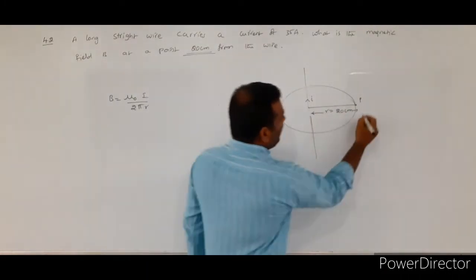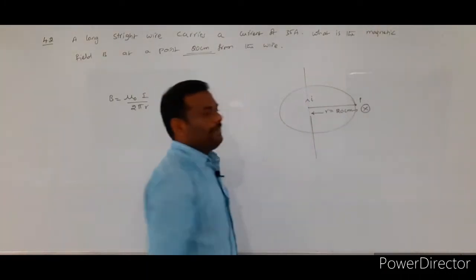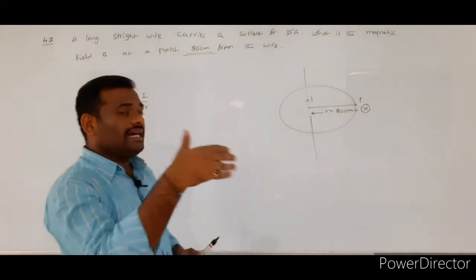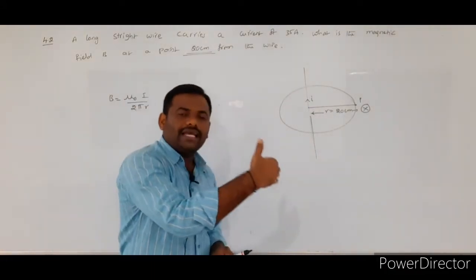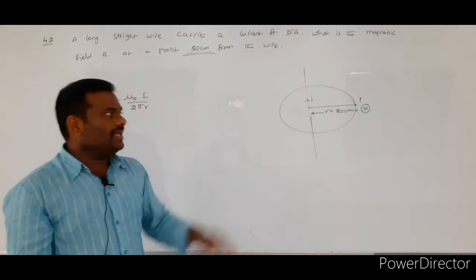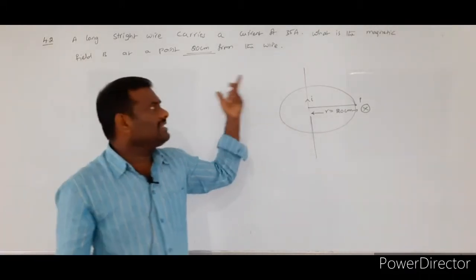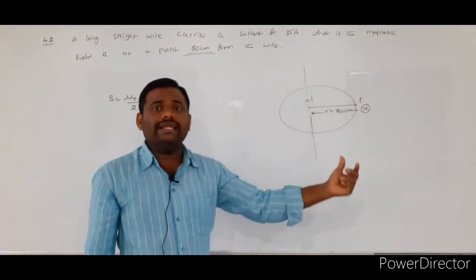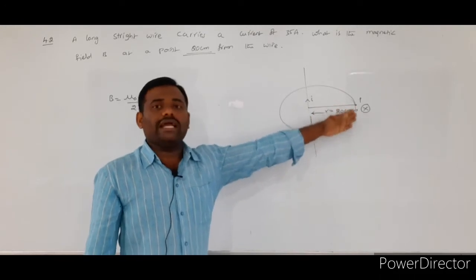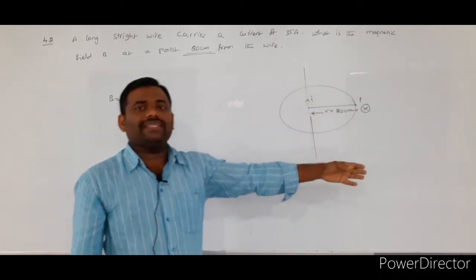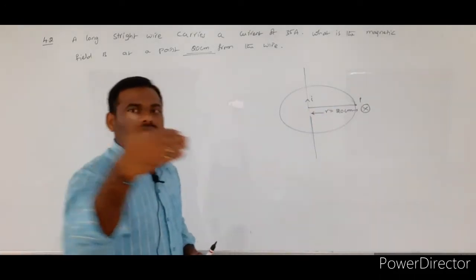If you apply the right hand thumb rule at the point P, the field lines are passing into the plane of the paper. So here simply they ask what is the magnetic field intensity magnitude. If they ask about the direction also, we have to specify the direction: the field is acting into the plane of the paper.